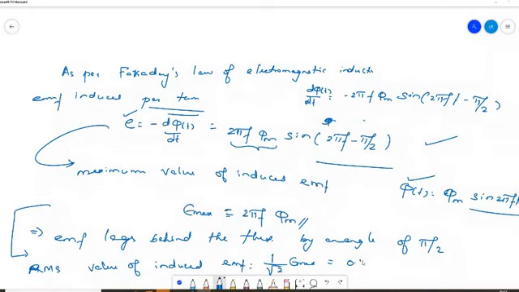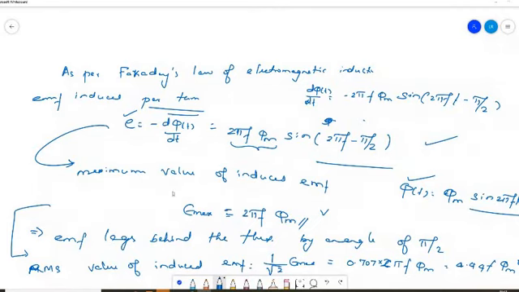So this is 0.707 times 2 pi f into phi m. In other words, if you multiply 0.707 with 2 pi, you get 4.44 f into phi m. This is in volt and this is also in volt.